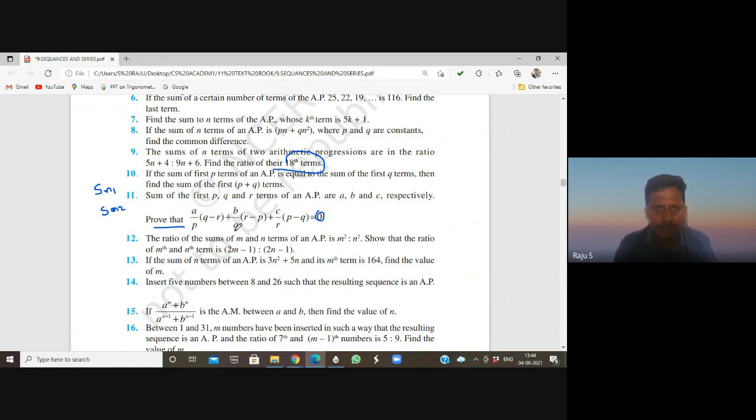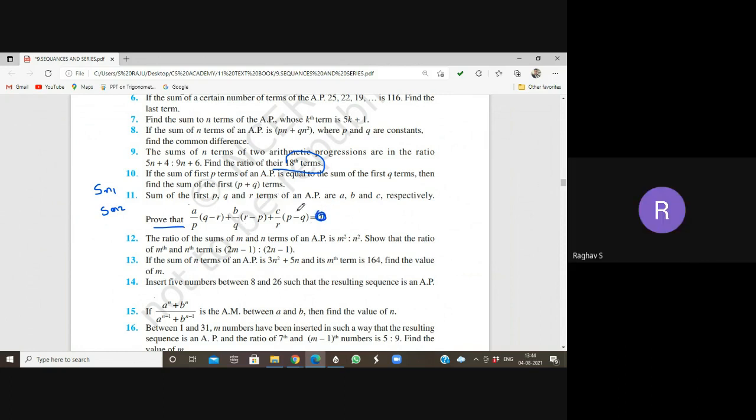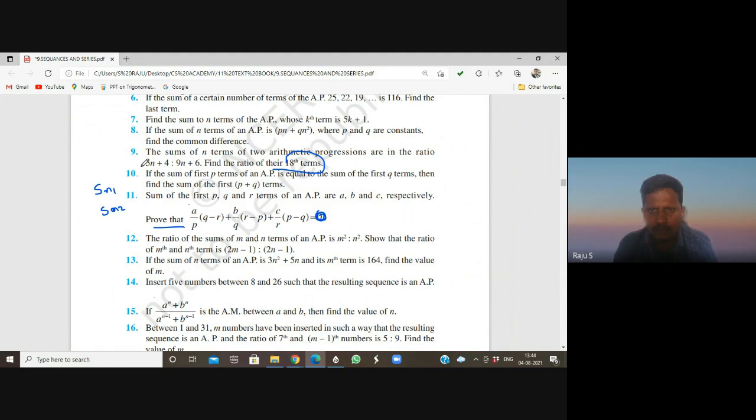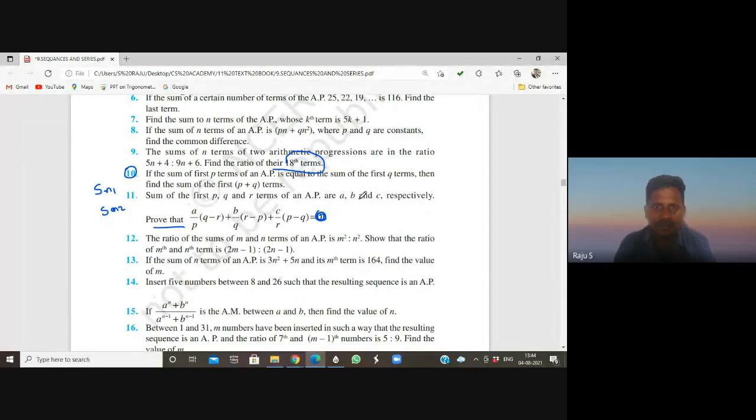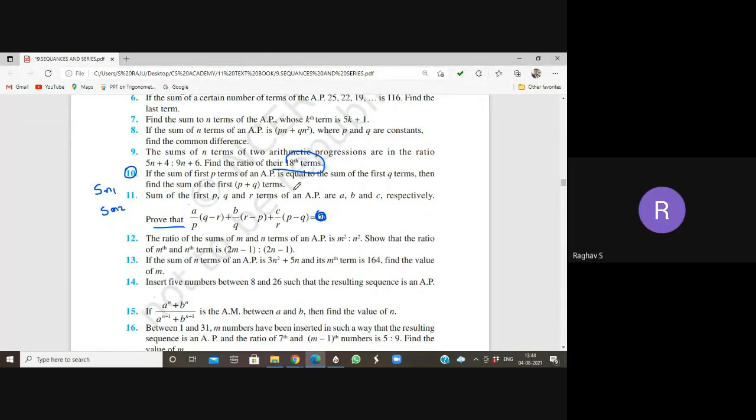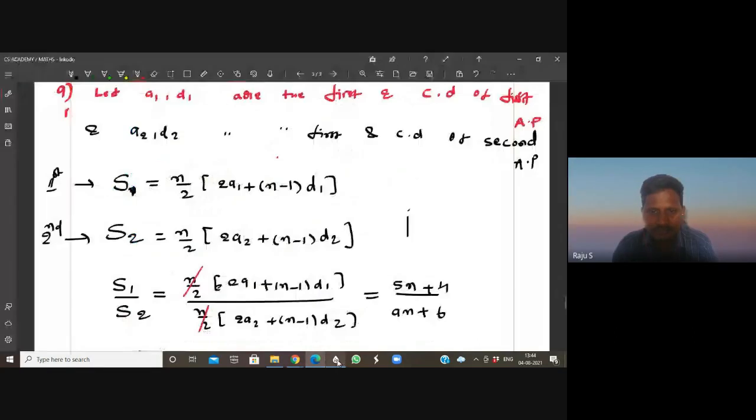The 10th question: the sum of P terms is equal to the sum of Q terms, then find the sum of P plus Q terms. The answer is 0. For the 10th one, we need to do the simplification carefully.